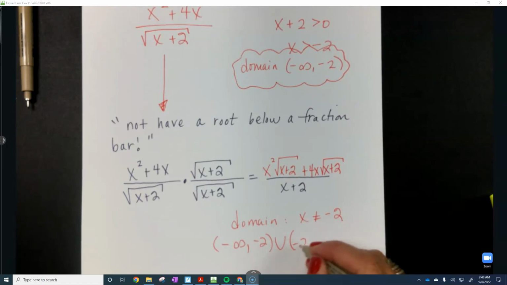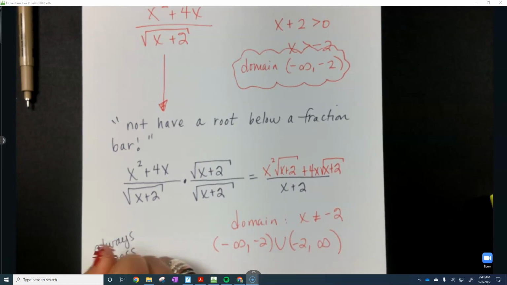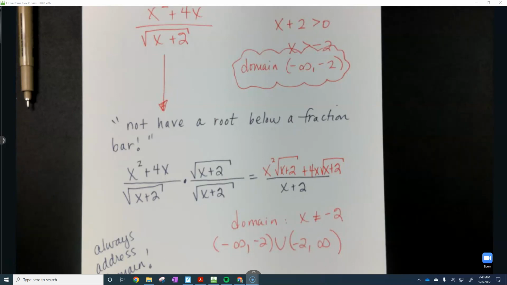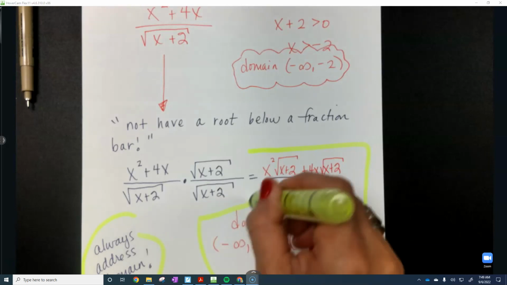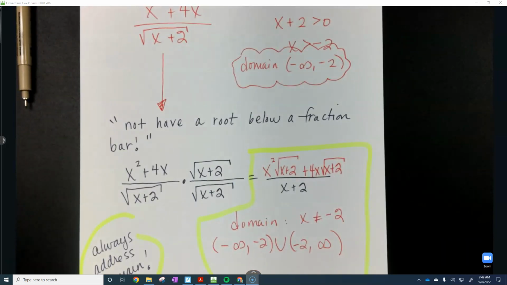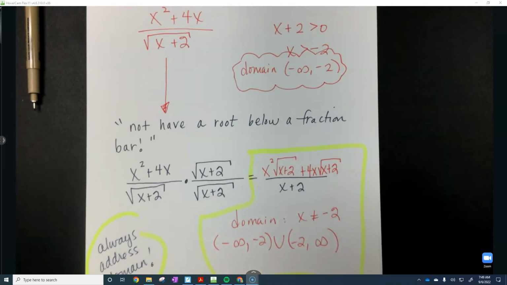And then, of course, negative 2 to positive infinity. Every time your denominator changes, you have to go back and address domain. Always address domain, guys. So this is our final answer once the denominator is rationalized. Do you guys have any questions on part D?